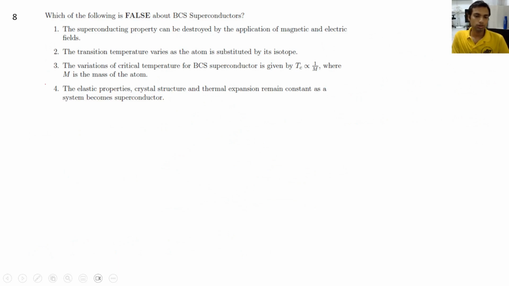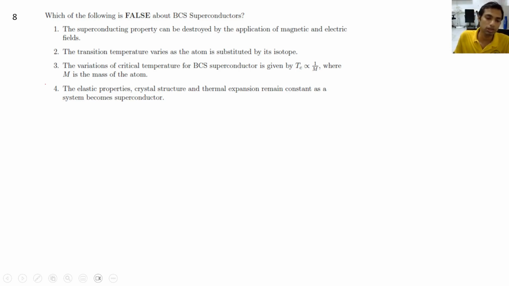Okay, now the next question: which of the following is false about the BCS superconductors? The superconducting property can be destroyed by the application of magnetic and electric fields. This is true because, let's say you fix the temperature and increase the magnetic field, there would be a critical field beyond which the superconducting property will not be there.